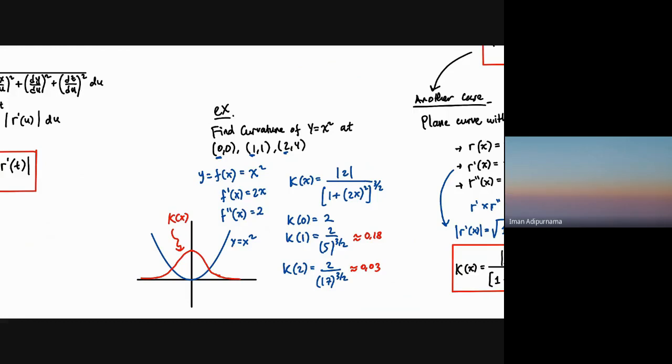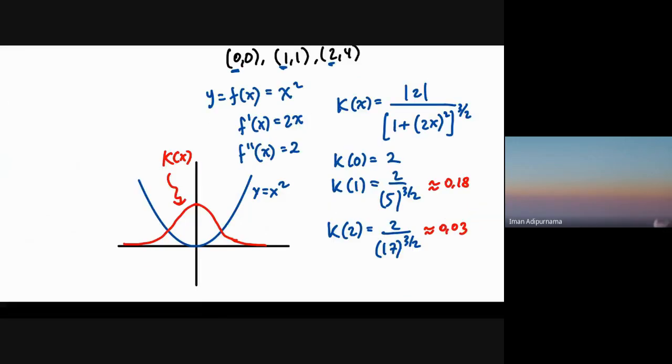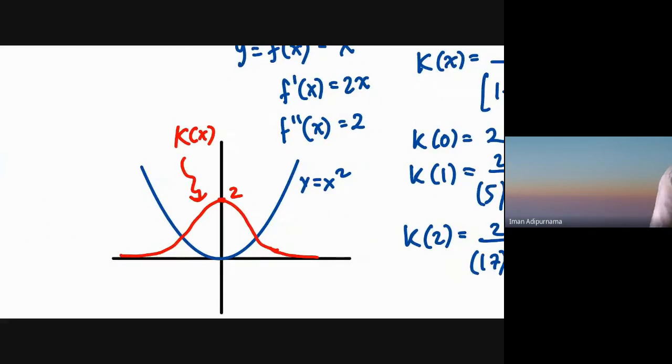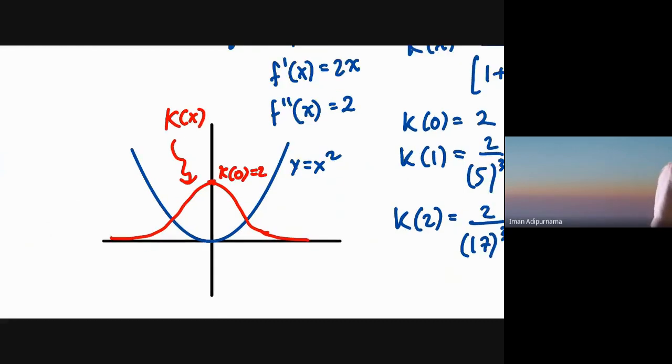At 0, it's the point of change. So here is the curvature at 0, which is 2. So you can visualize the curvature at any point of this x.